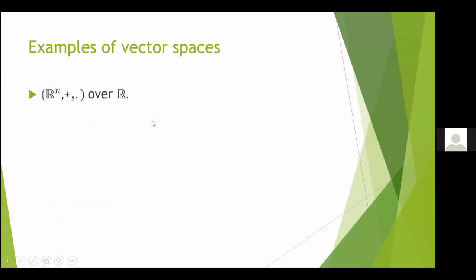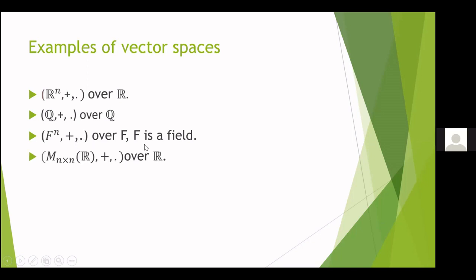So there are some examples of vector spaces. First, we know that R^n over R is a vector space with respect to usual addition and scalar multiplication. Similarly, Q, the set of all rationals, is a vector space over Q with usual addition and scalar multiplication. In general, if F is any field, it will be a vector space over F with respect to usual addition and scalar multiplication.